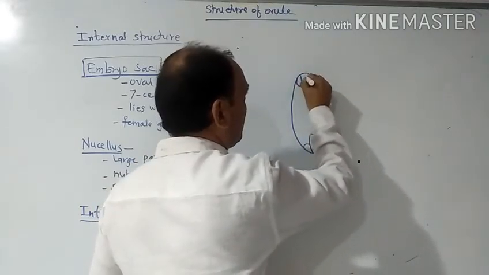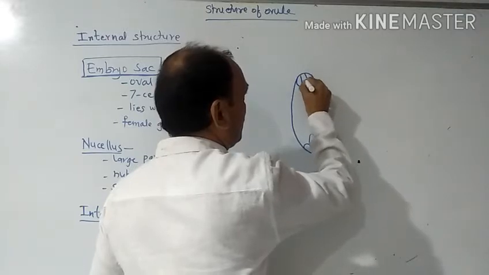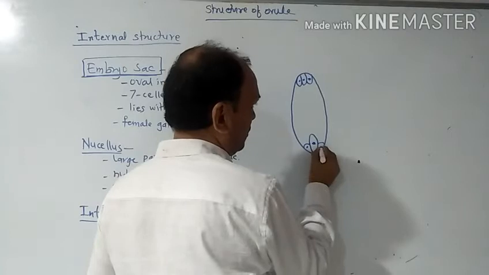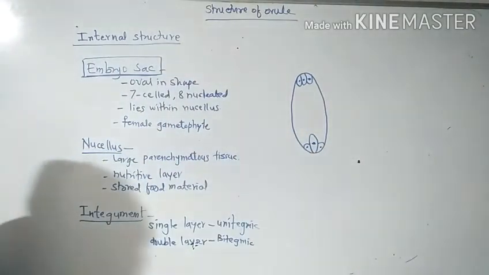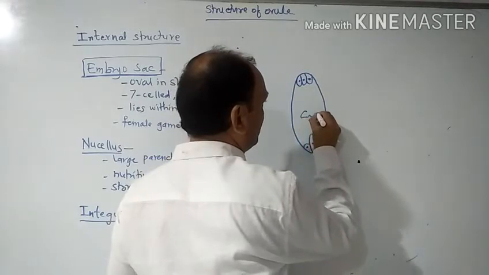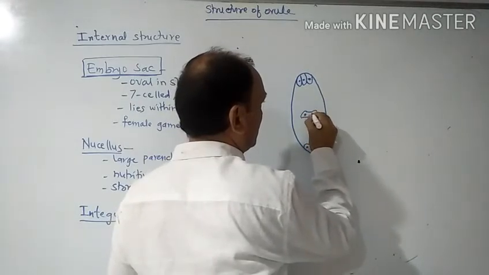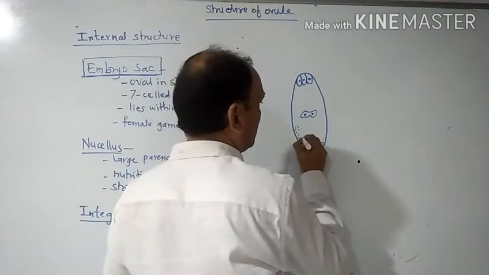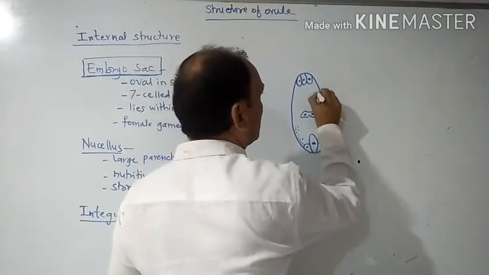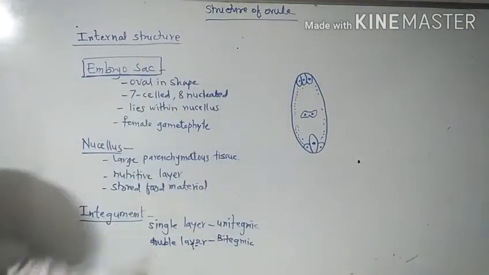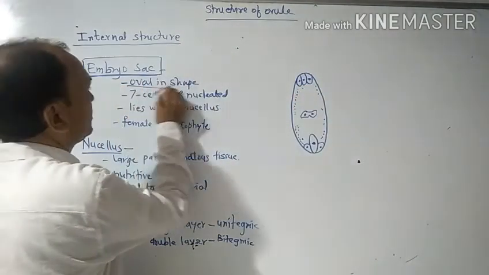This is about the embryo sac, which is oval in shape.